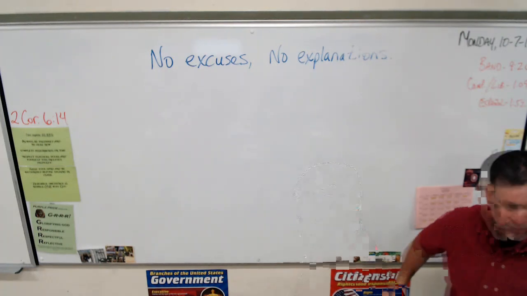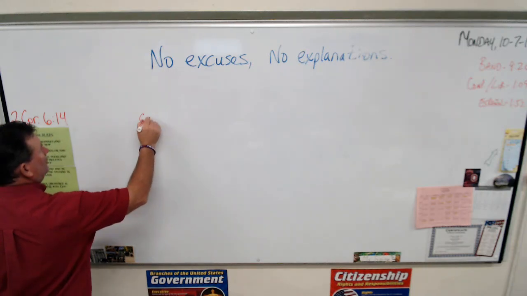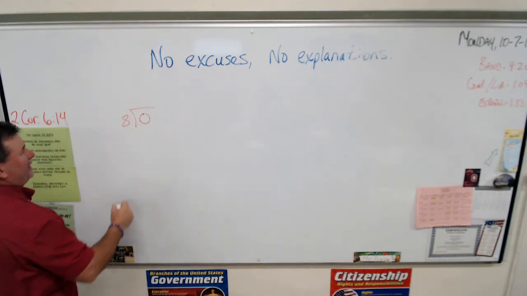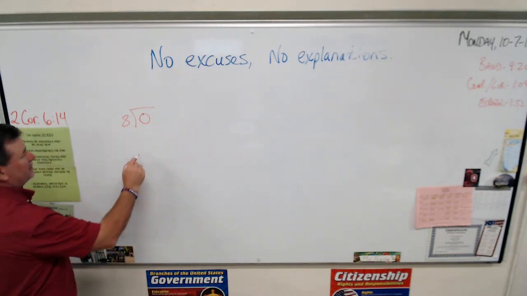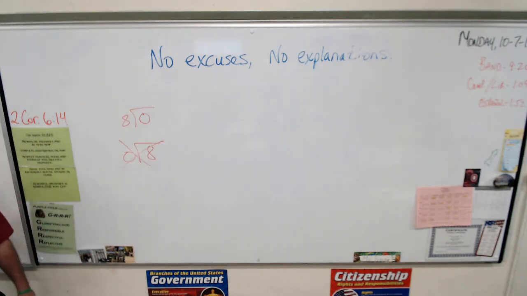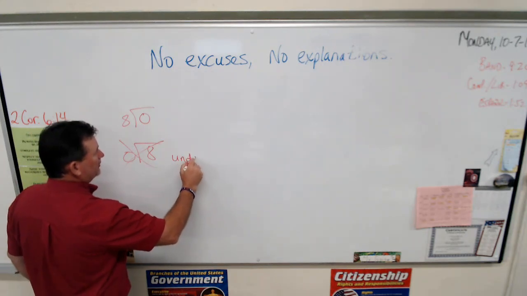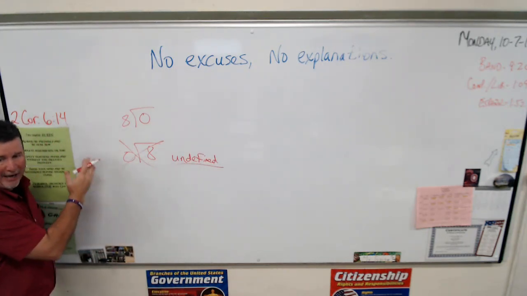We mentioned a couple weeks ago, Preston. 0 divided by 8 is 0. This is undefined. In math, we don't say the answer is 0. We say undefined. You cannot divide by 0.